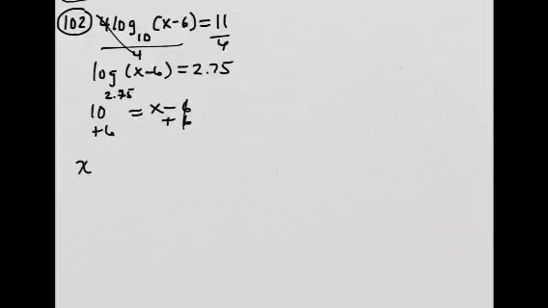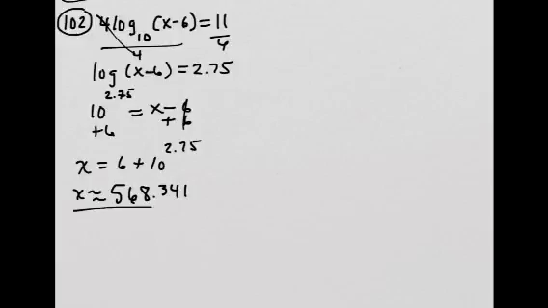So x equals 6 plus 10 to the 2.75. Now you take a calculator to get the approximate value. And there you have it, 568.341. And that's including the 6.